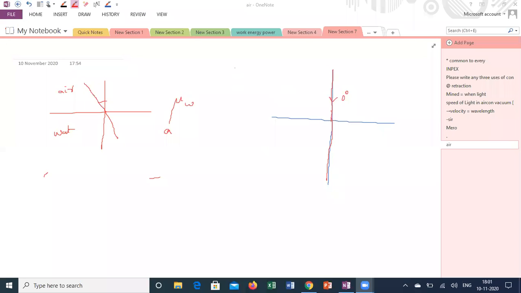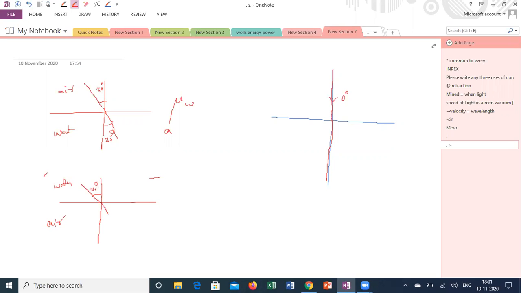Now, suppose the angle of incidence is 30 degrees. The angle of refraction is some 24, 25 degrees, for example, it's not an exact case. If the light ray is entering from water to air, I am giving it in such a way that the angle of incidence is 24 degrees.